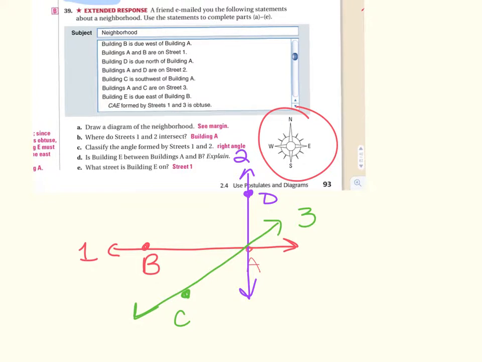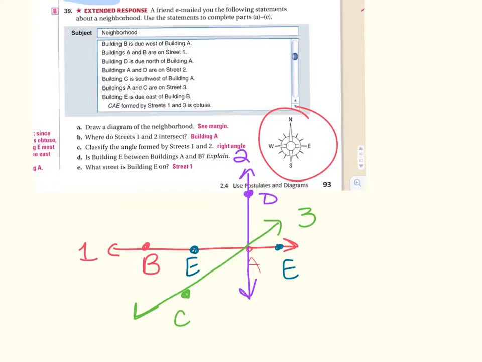And building E is due east of building B. So E is to the right of B. E could be here, E could be here. I don't know exactly where it is. I know it's due east, which means it's going to be to the right. And then the next thing says angle CAE formed by streets 1 and 3 is obtuse.